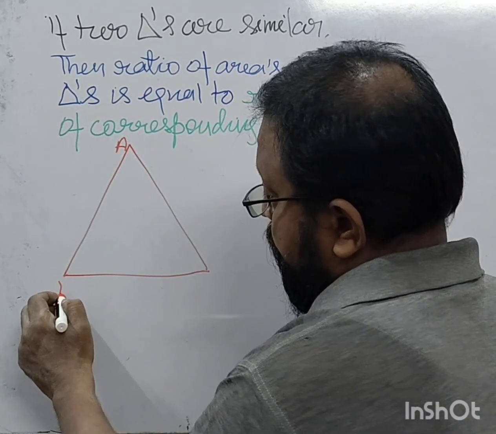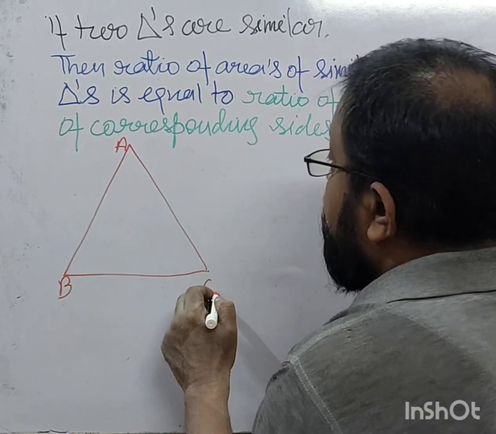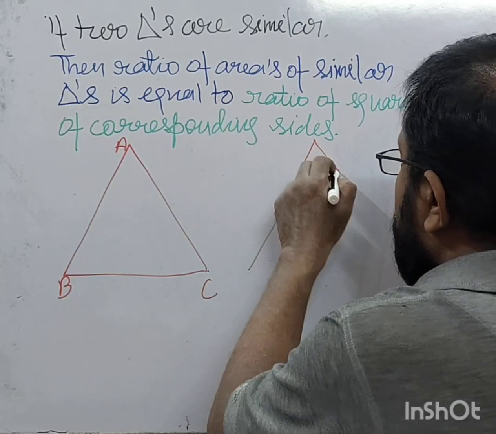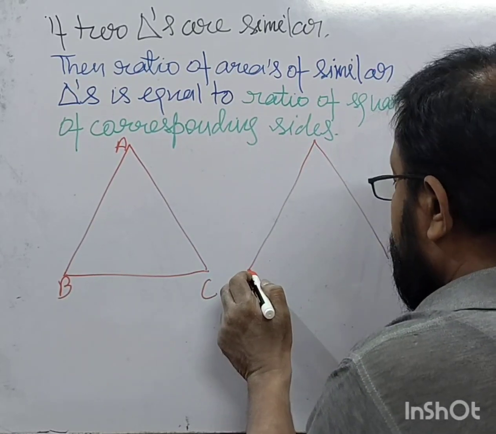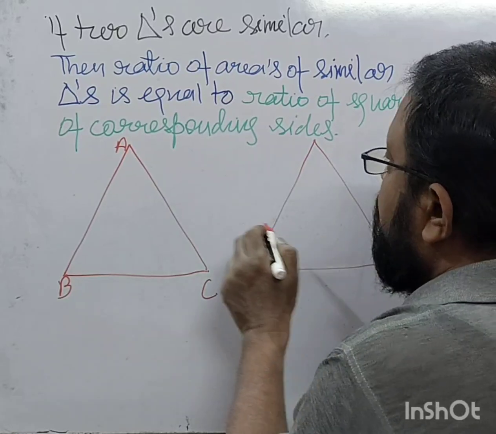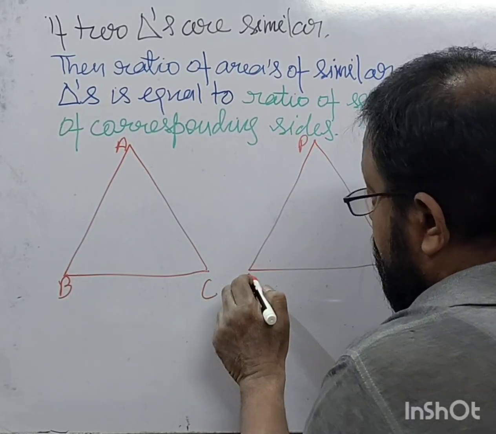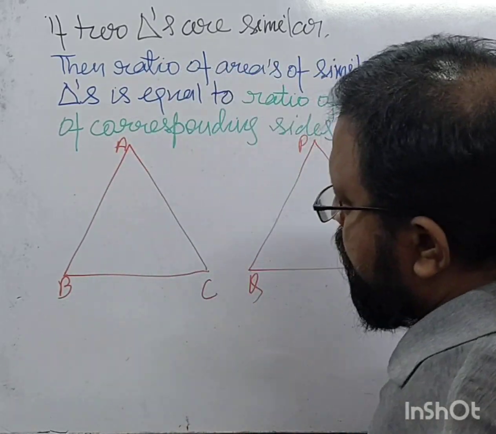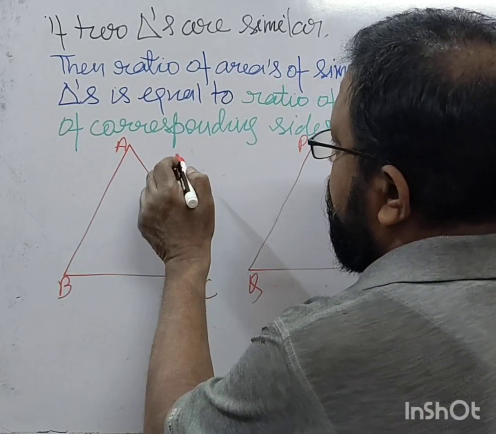ABC and there is another triangle PQR, right?